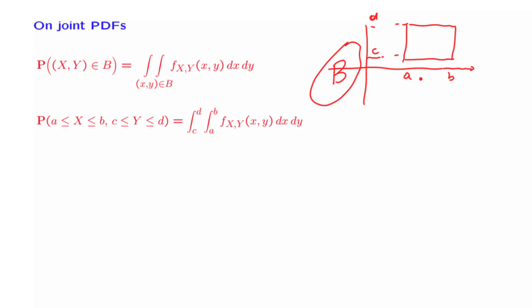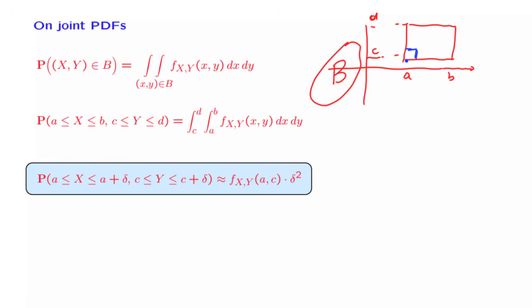Of particular interest is the special case where we're dealing with a small rectangle, such as this one. A rectangle with sides equal to some delta, where delta is a small number. In that case, the double integral, which is the volume on top of that rectangle, is simpler to evaluate.